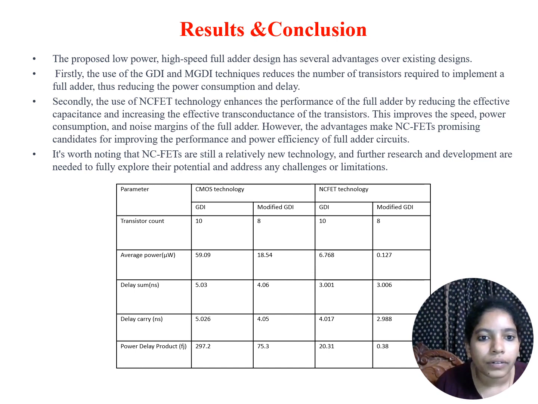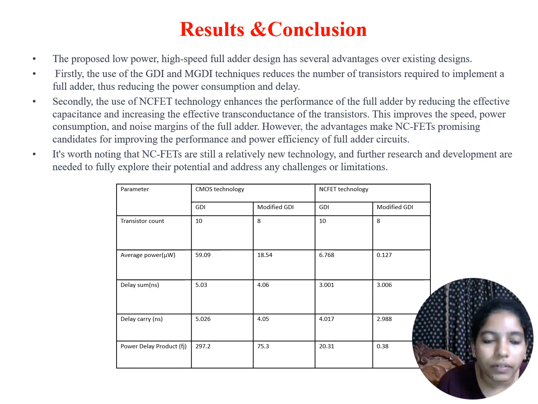Coming to the transistor count, in CMOS technology we implemented the full adder with the GDI technique and the modified GDI technique. In NCFET technology also we implemented the full adder with the GDI technique and the modified GDI technique. We tried to reduce the transistor count from 10 transistors to 8 transistors, the same in NCFET technology also. In the GDI technique of the full adder, we use 10 transistors, whereas for the modified GDI technique, we reduce the transistor count to 8 transistors.